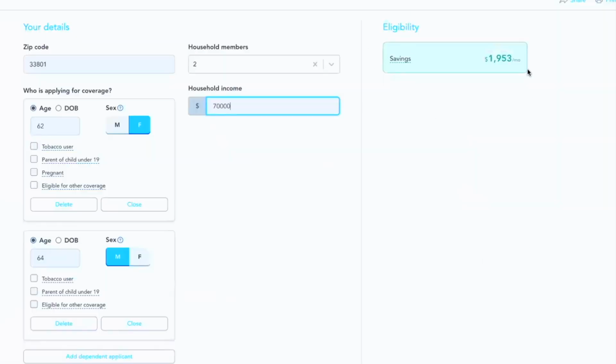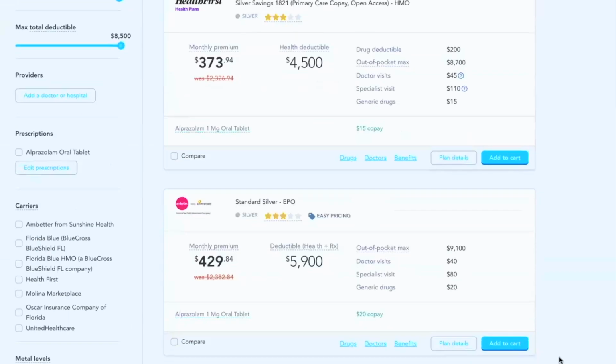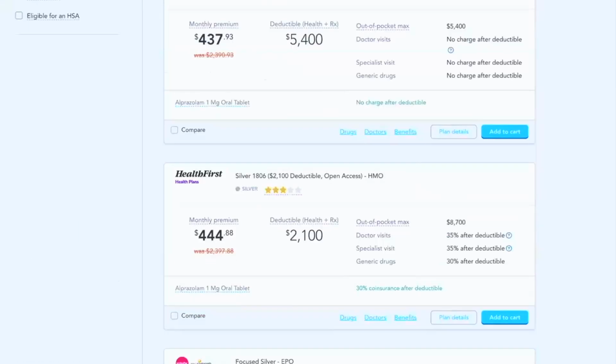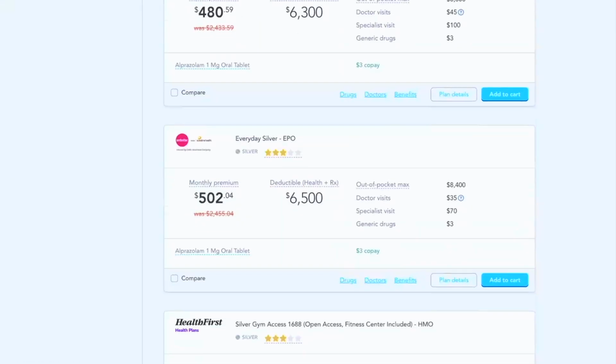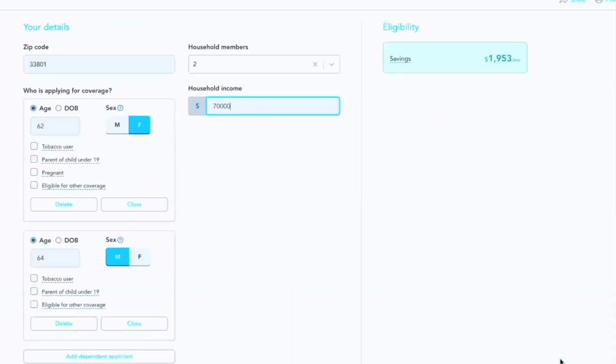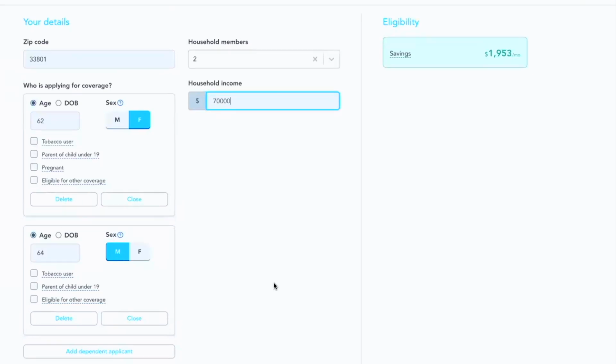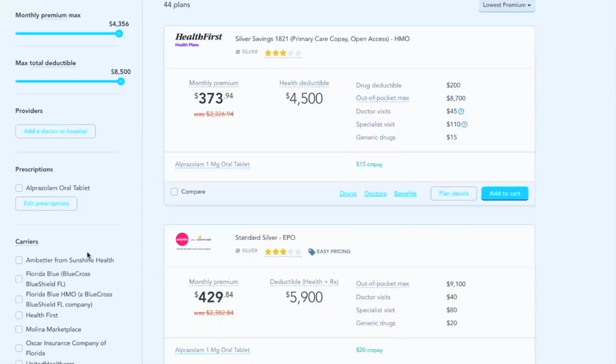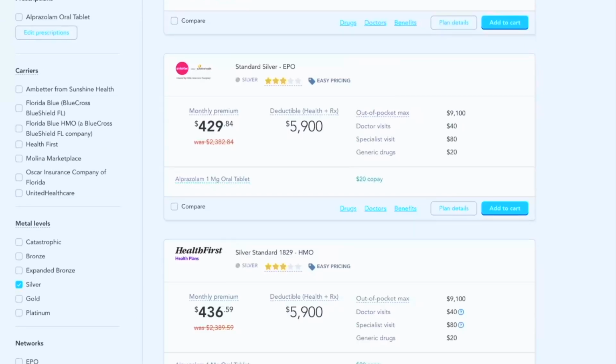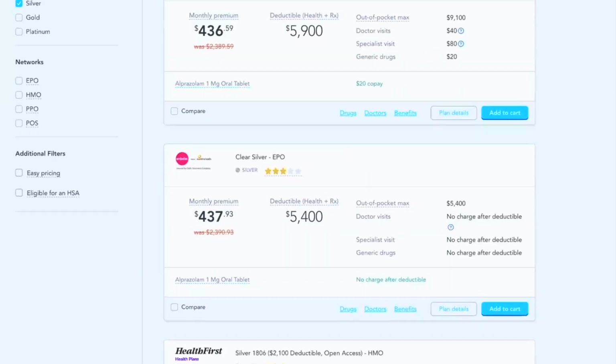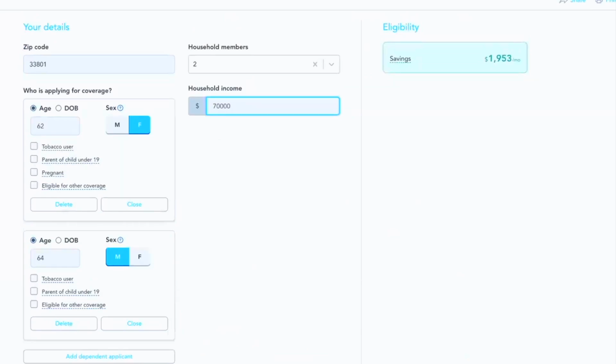You just have the savings for the monthly premium. So you can see the different prices here. So like I said, it's going to change based on your household income. So if you have any questions on this, please let me know in the comments below and I'll be more than happy to answer your questions.